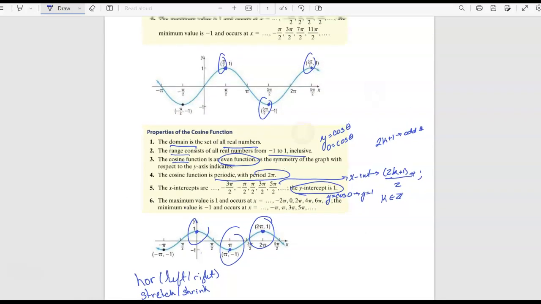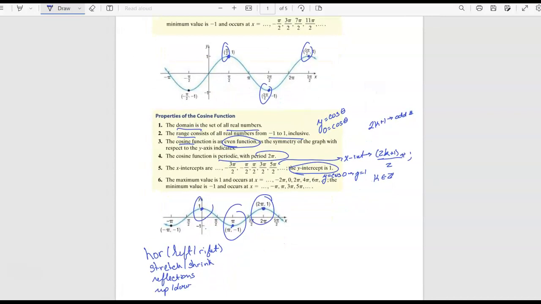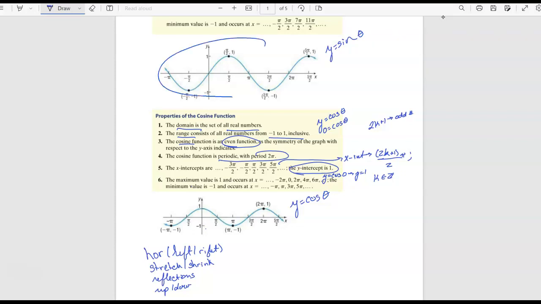But before we do that, I want to look at sine and cosine a little bit more carefully because this is really neat. If we were to look at the sine function here and we were to look at the cosine function here, don't they look the same? Aren't they pretty similar to each other? And in fact, if we were to take this guy and we were to shift it to the left, then wouldn't these functions live on top of each other?